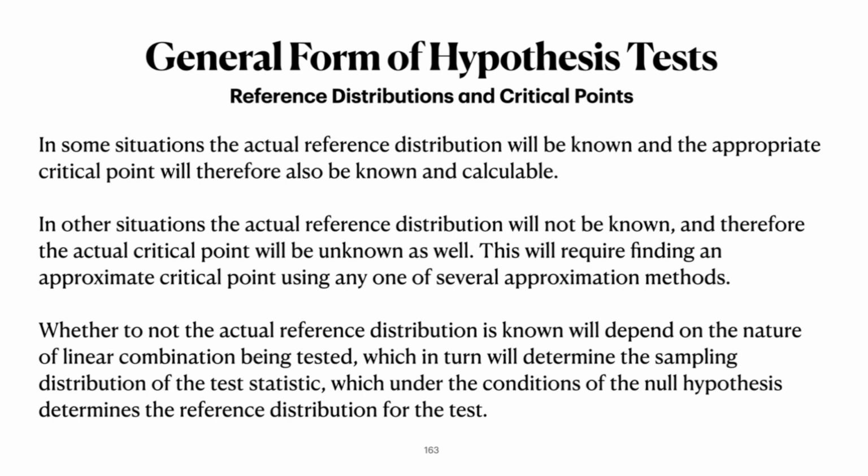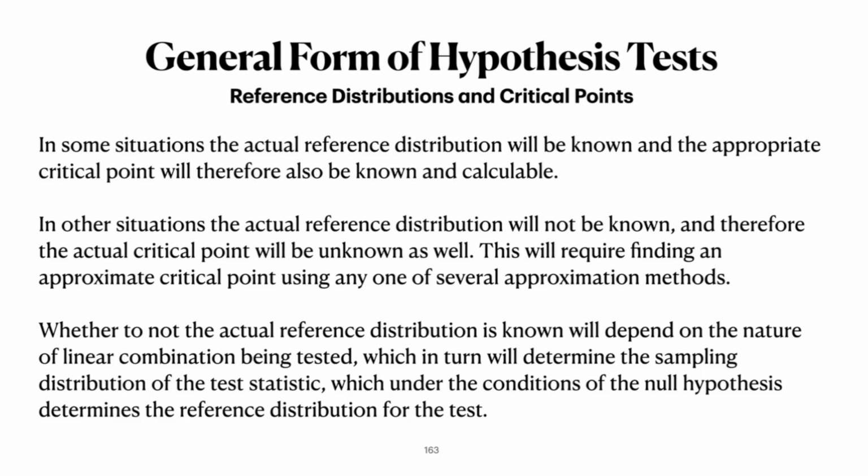In some situations, the actual reference distribution will be known, and therefore the appropriate critical point will also be known and calculable. In other situations, the actual reference distribution will not be known, and therefore the actual critical point will be unknown as well.